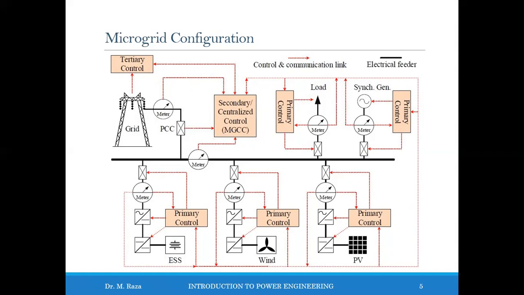Core functions of the microgrid control system include maintaining the voltage, current, and frequency within the desired range, keeping the power supply and demand balanced, performing economic dispatch and demand side management, and transitioning between various modes of operation. As seen in the diagram, the microgrid control system can be categorized into three hierarchies, namely primary, secondary, and tertiary.